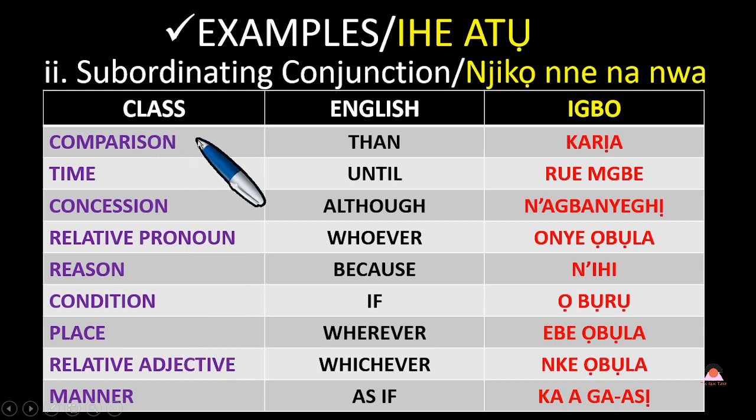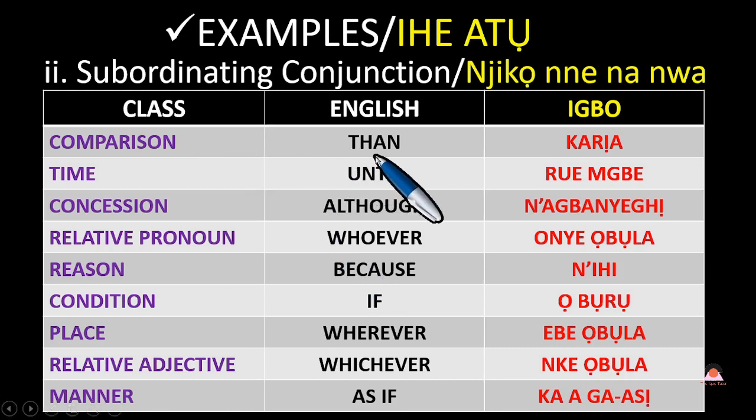We have class 1, comparison, 2, time, 3, concession, 4, relative pronoun, 5, reason, 6, condition, 7, place, and 8, relative adjective, and 9, manner. So the usage, we detect the class they fall. Let's look at the comparison, comparing two things to know which one is better or faster or bigger or smaller, as the case may be.